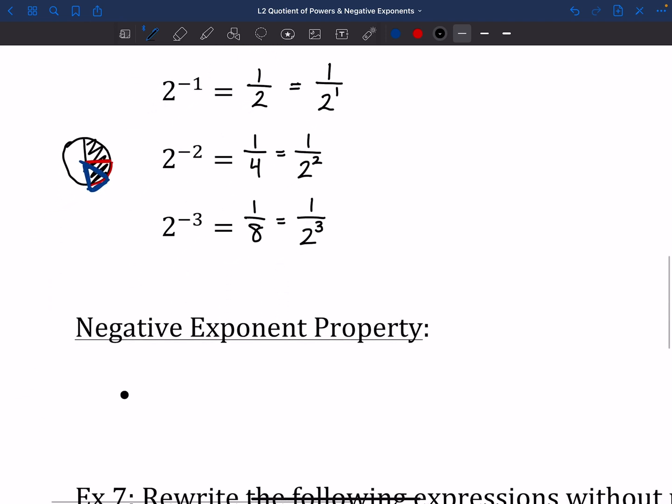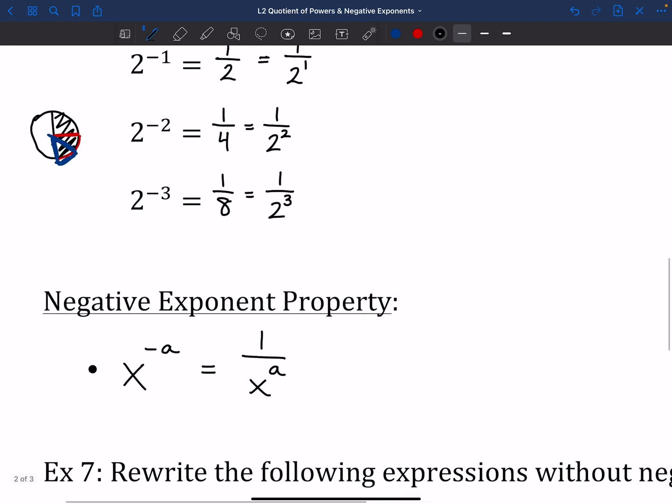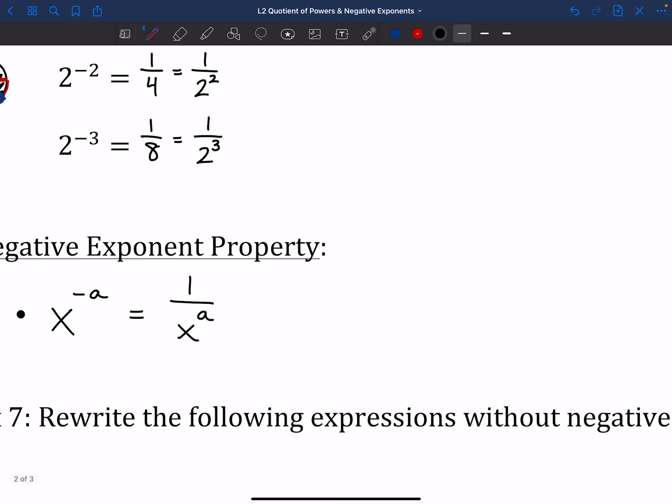So I'm going to try and keep it all on the screen at the same time. If I have x to the negative a power, I can make that equal to 1 over x to the positive a power. So whenever you have a negative exponent, you flip it to the other side of a fraction, and you can make that exponent positive. Something kind of similar happens, and we'll draw a little divider line here.